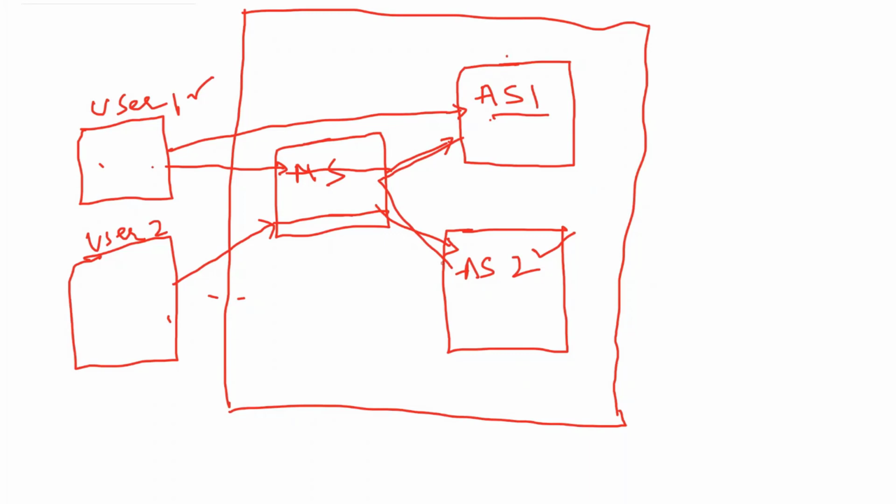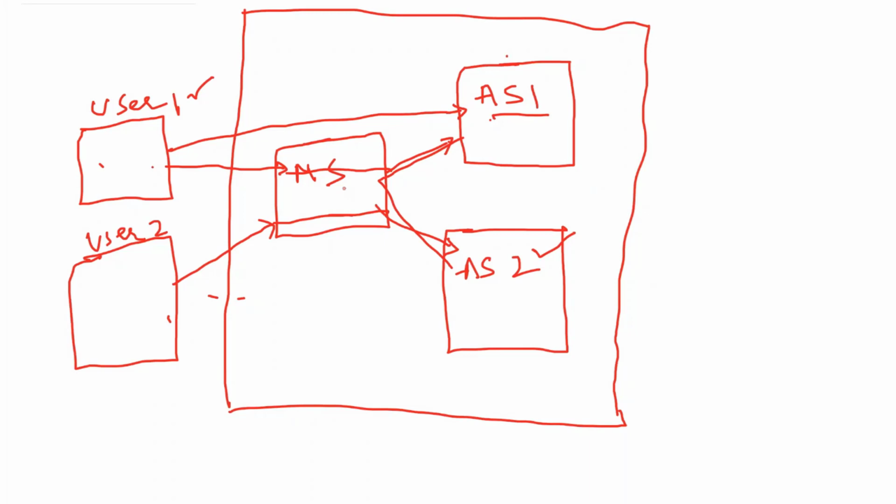Otherwise, it can throw an error saying that somebody else has already opened that document for editing. So if you have more than one application server in your landscape, the message server plays two important roles: one is to take care of load balancing, and the second is to help these application servers communicate with each other. Even if you have a single application server, we still install this message server in the landscape.